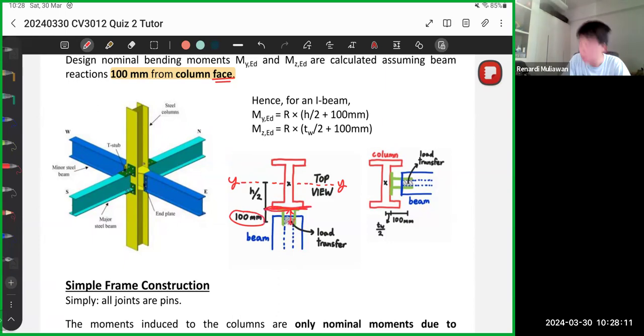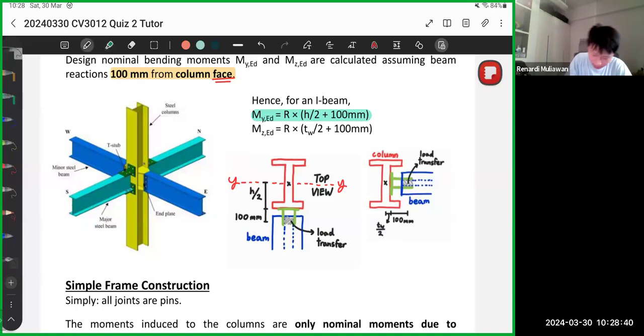This is the distance, 100 millimeters. But if we take eccentricity, we must take it from the middle of the column. So it's 100 millimeters plus, in the case of the I-beam, h over 2. That's why MyEd here is R multiplied by h over 2 plus 100. I hope that's clear.